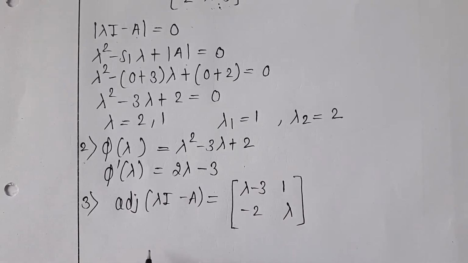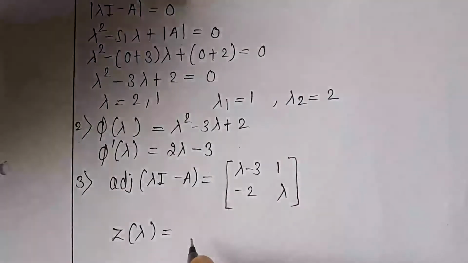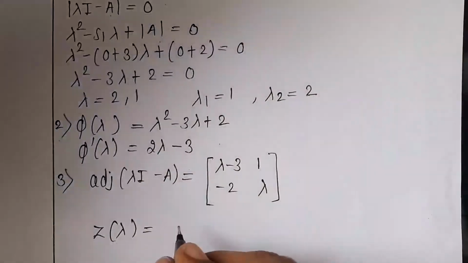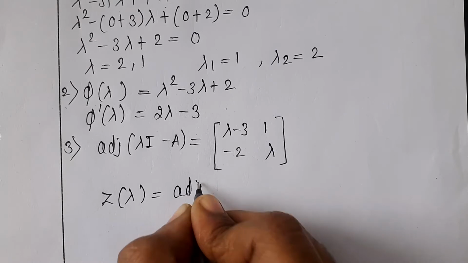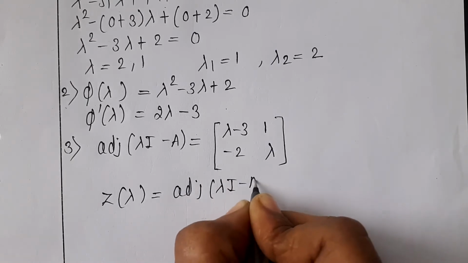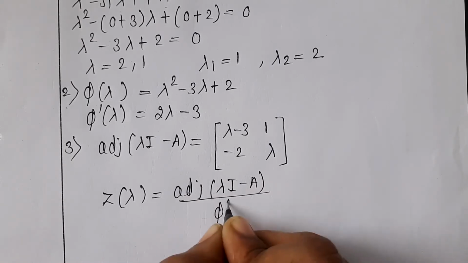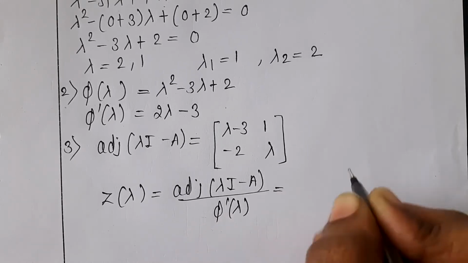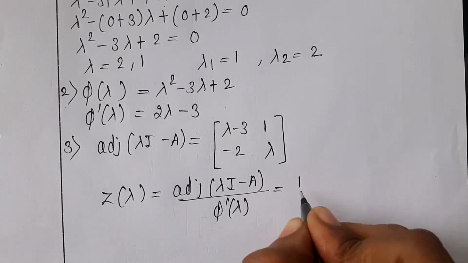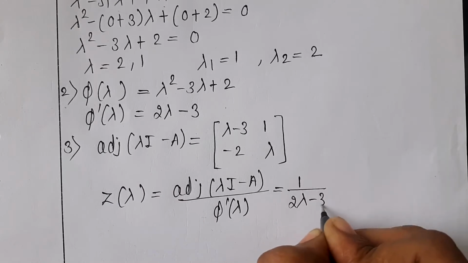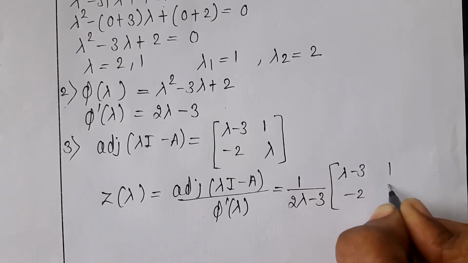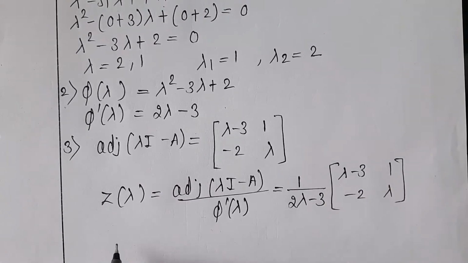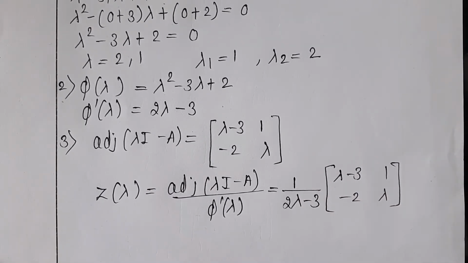Next z of lambda, it is equal to adjoint divided by phi dash of lambda. So write down equation. Adjoint of lambda I minus a divided by phi dash of lambda. So this is equal to 1 upon 2 lambda minus 3 multiplied by the matrix [lambda minus 3, 1; minus 2, lambda]. Now next is z of lambda 1.